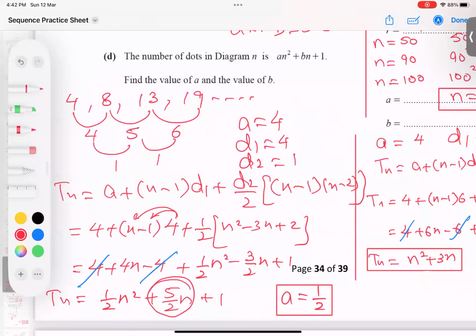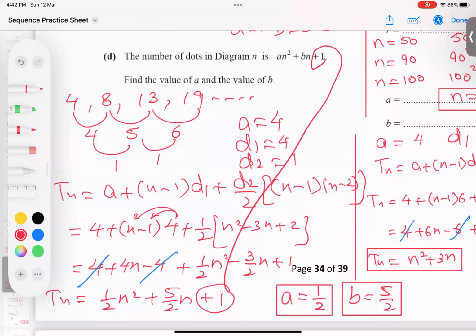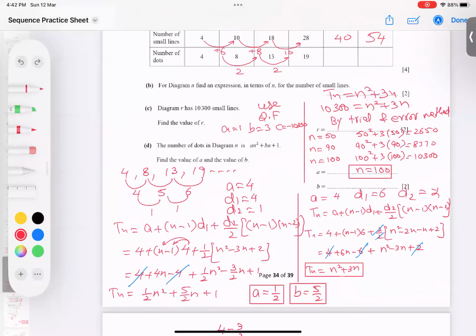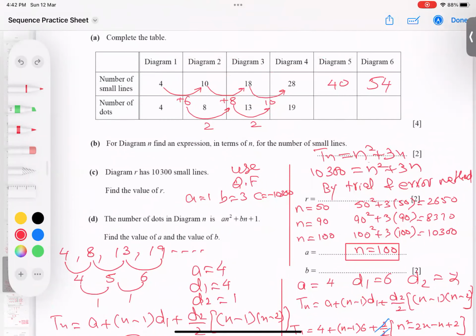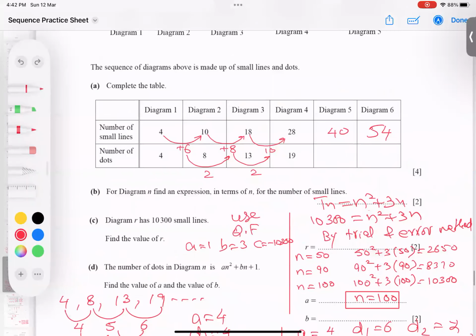And the n coefficient is 5/2, so b is 5/2. Alhamdulillah, this one luckily matches. So it is clarification that our working is correct, and we have done it. This is one method. I believe you got the point.